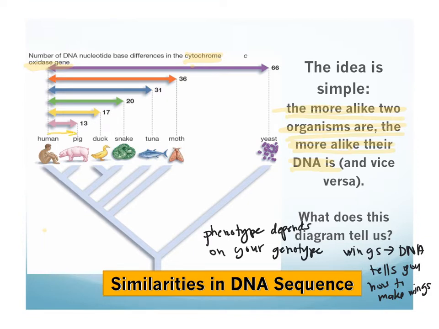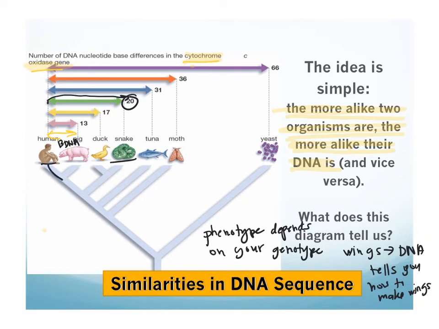So between the human and the pig, for this particular gene, there's only 13 DNA base pair difference, okay? So we only have a 13 DNA difference. But if you compare the human with, say, the snake, okay, we look less like the snake. And also the DNA difference is 20 nucleotide sequences different.